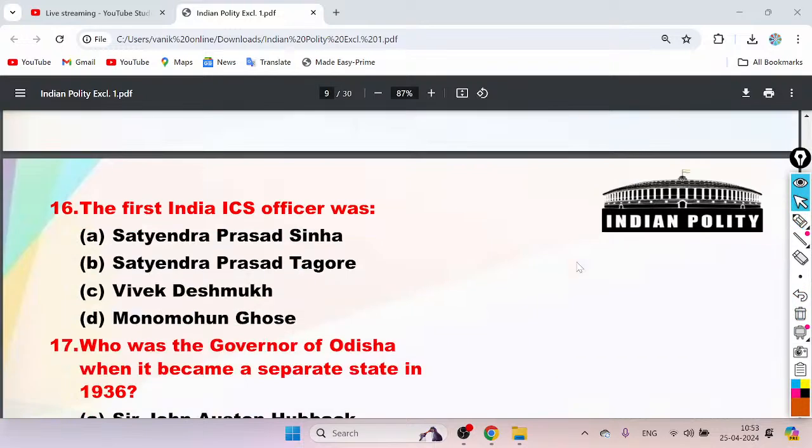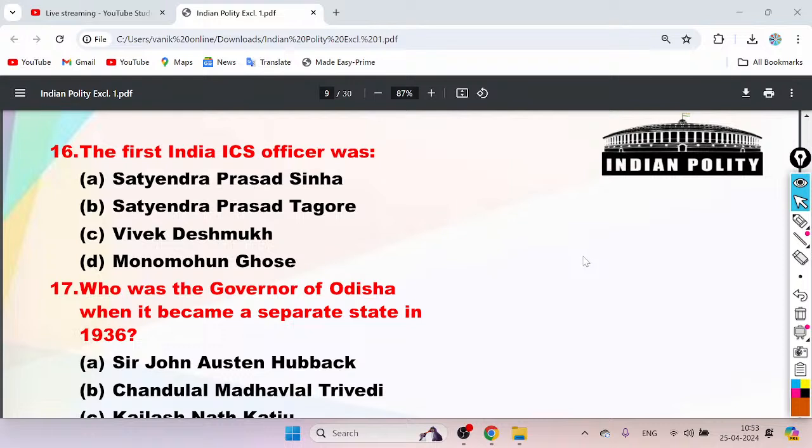Question number 16. The first Indian ICS officer was Satyendra Nath Tagore. In 1863, probably, he became the first Indian to qualify in the ICS examination, which was held in London at that time.